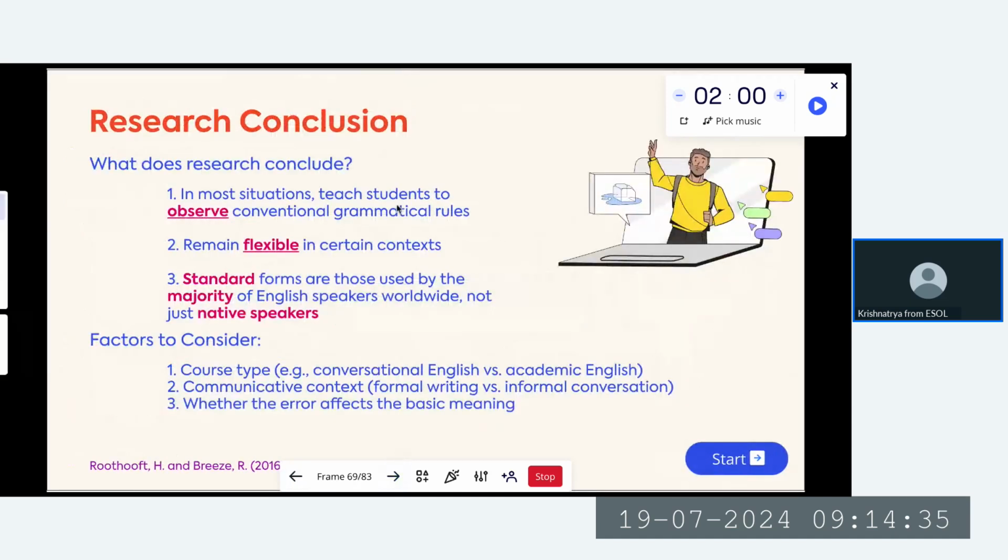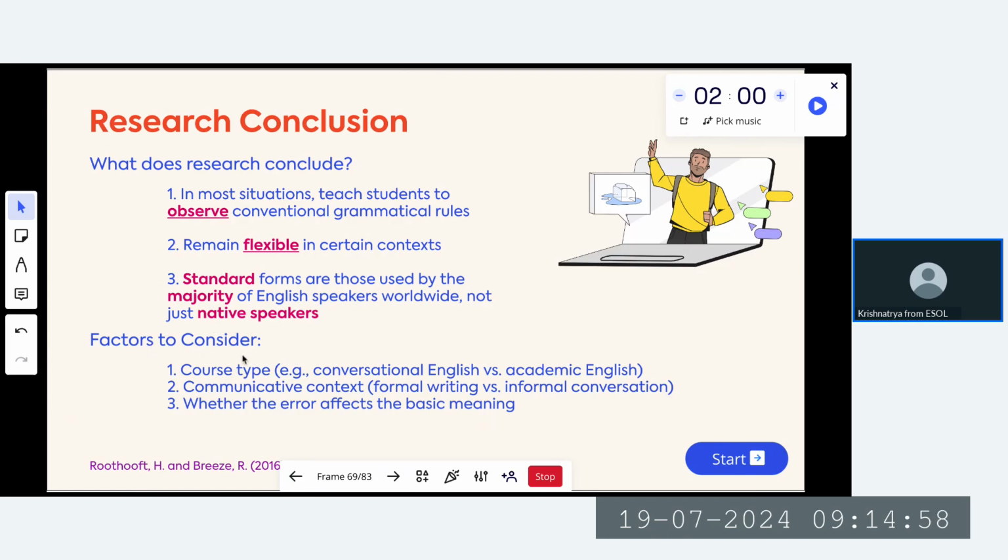So the takeaway is, ladies and gentlemen, make sure your students observe conventional rules. As a teacher, be flexible in certain contexts. Today, in the 21st century, rules are those that are spoken by majority of English speakers worldwide, according to research, not spoken by the native speakers.